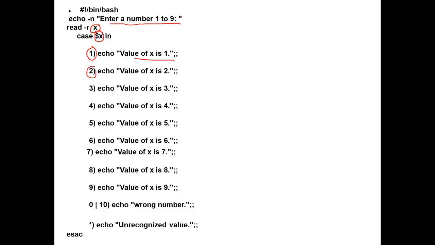If the pattern is 2, it will display the value of x is 2. Similarly 3, 4, 5, 6, 7, 8, 9. And if the pattern is 0 or 10, it will display wrong number. Then if the pattern does not match, it will execute the default value, that is unrecognized value. And this is the end of case statement.